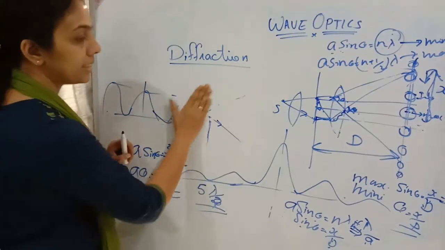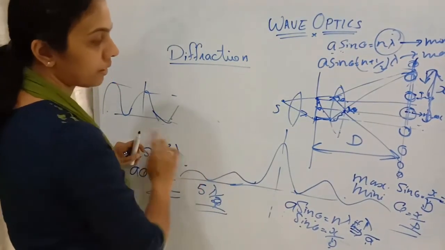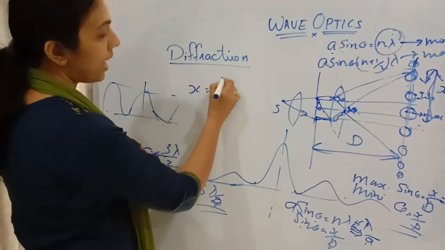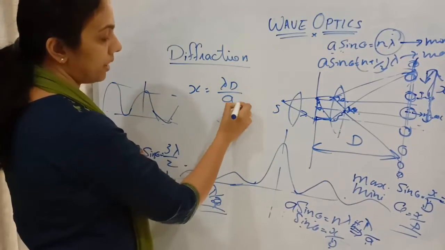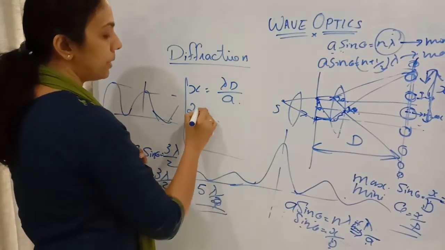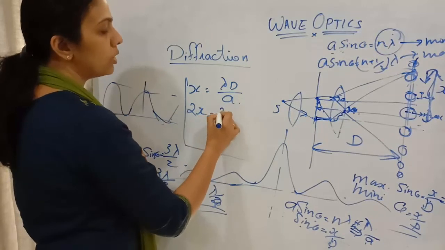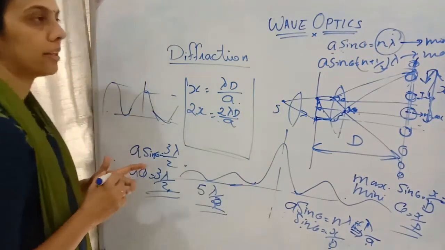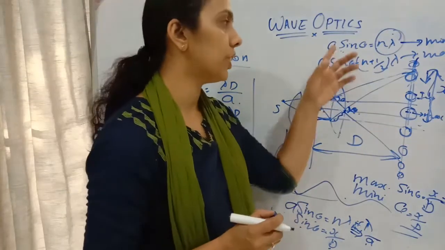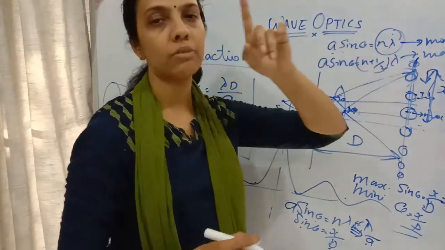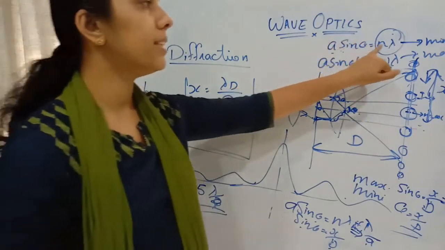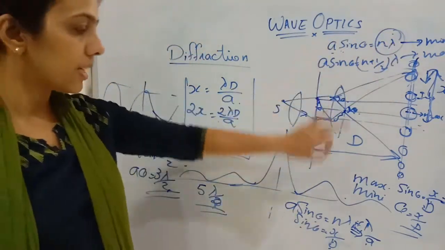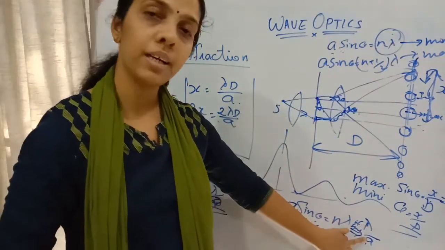Therefore, we get x equals lambda capital D divided by a. So the width 2x will be equal to 2 lambda capital D divided by a. That's also important. For the minima position, a sin theta equals n lambda. For the first minimum, a sin theta equals lambda, therefore sin theta equals lambda by a.